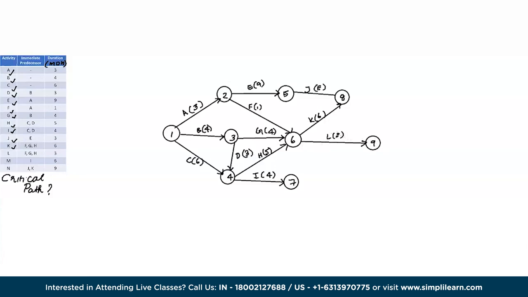So now we have M and N left. M is preceded by I, so let's draw that. N is preceded by J and K. This N is 9, and M is 6. So now the network is complete.